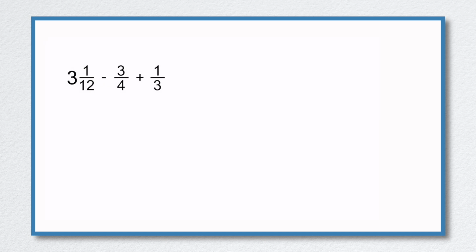3 and 1/12, subtract 3/4, add 1/3. Let's write any mixed numbers as improper fractions. 3 and 1/12, 3 12s are 36, add 1 is 37. So we've rewritten the problem as 37 over 12, subtract 3/4, add 1/3. We can see that the denominators are different, but hopefully you've noticed that 12 is a multiple of 4 and 3, because 12 is in both the 4 times table and the 3 times table.